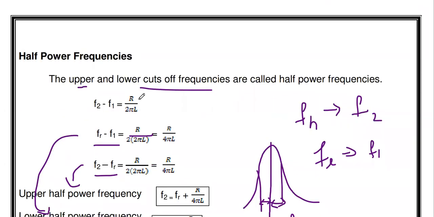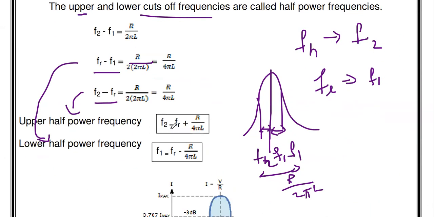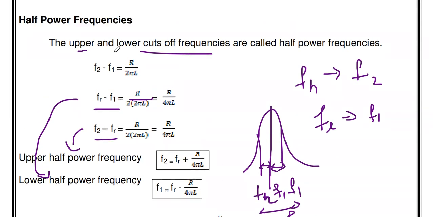This is one more relation: the lower and upper cutoff frequencies in terms of the resonant frequency and the R and L values. The higher cutoff frequency is the resonating frequency plus R divided by 4 pi L. The lower cutoff frequency is the resonating frequency minus R divided by 4 pi L. These are the two half power frequencies; the cutoff frequency is otherwise called the half power frequency.